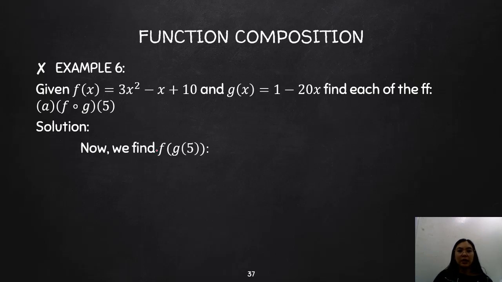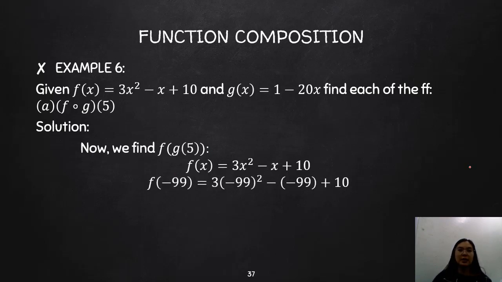So, parang magiganyan. We are to find f of g of 5. Kung ito yung function mo ng f of x, ipa-plug in natin yung value ng g of 5 na nakuha natin kanina, which is negative 99.